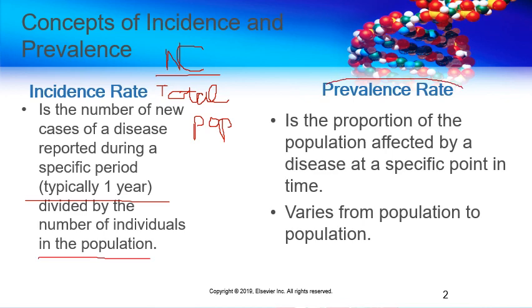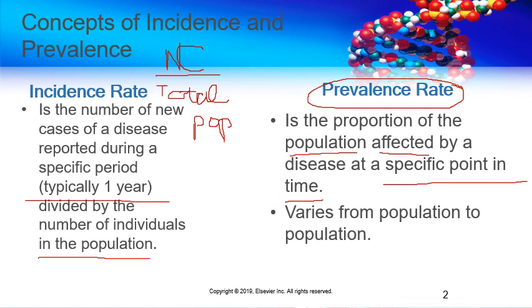Now, prevalence rate is different than incidence rate. Prevalence rate is the proportion of the population that's affected by a disease at a specific point in time. This can vary from population to population, and the prevalence of chickenpox at a certain time could be less than at other times.